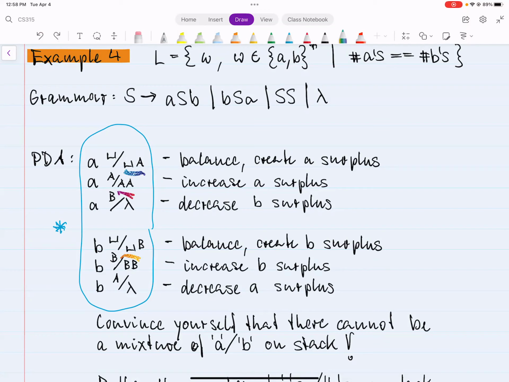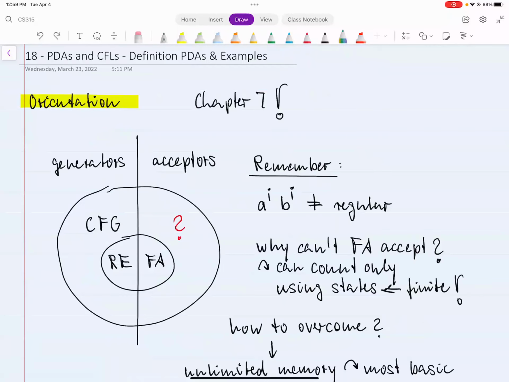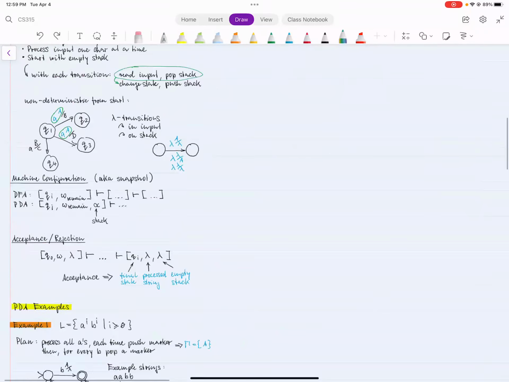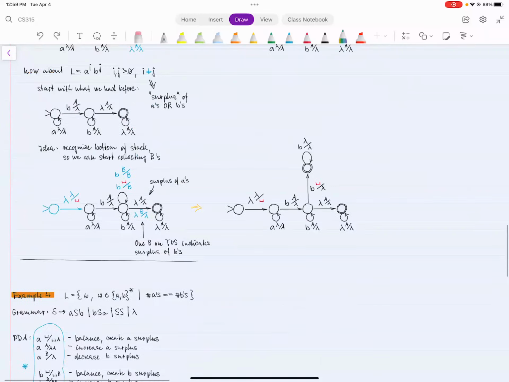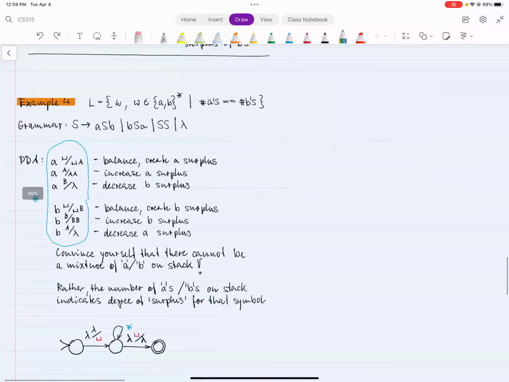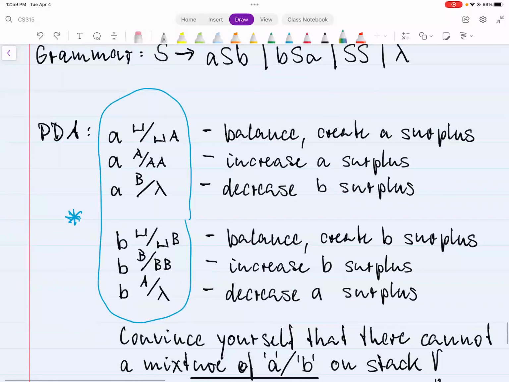So as you can see, this is a deviation of the standard PDA, what we normally do, where you only push one stack symbol onto the stack. So here we have 2. Is that necessary or a convenience?